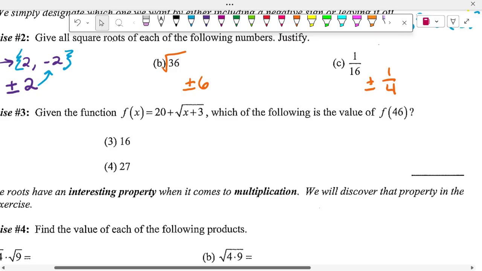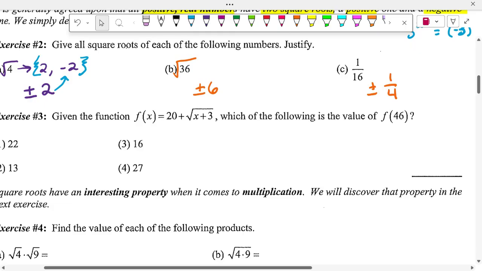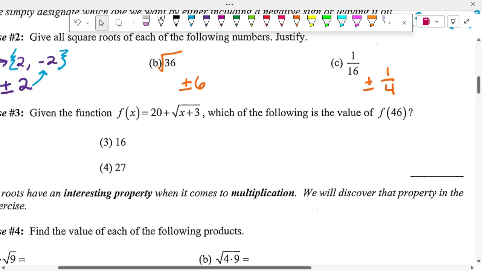I don't get it. I know what it is. Yeah, I see it. There you go, Kirsten. Good God, y'all.